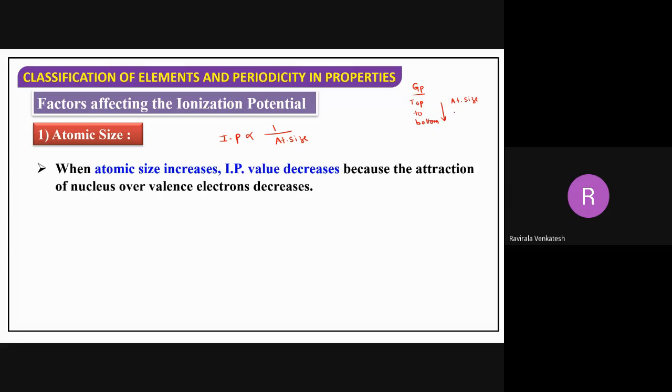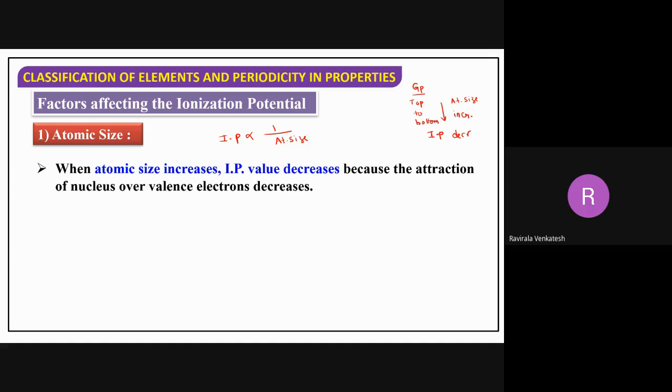Some are saying decrease, some increase. It increases. Now tell me, what will ionization potential do in a group from top to bottom? Decreases. Correct or not?